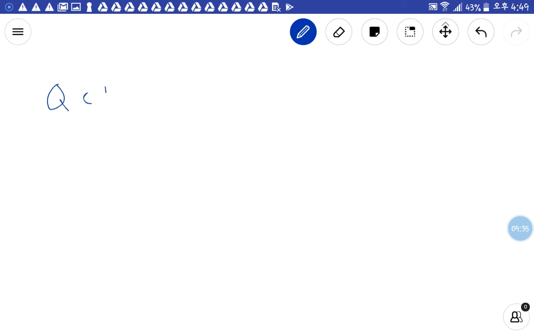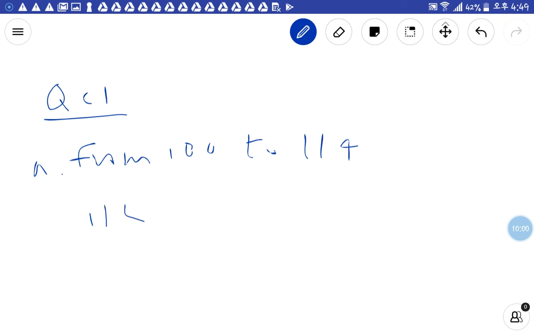Alright, so quick check 1. Find each percent of increase. They already say your number is going to be increased. So A, from 100 to 114. Okay, so amount of increase, how can we get it? 114 minus 100, that is the amount of increase, and then divided by original amount.